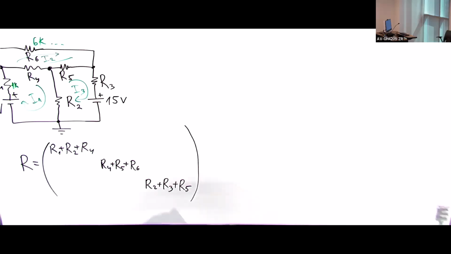How about element 2,1, which is between these two? R4, minus R4. The same thing. How about this element, which is 3,1? R2, minus R2. Here we have minus R2. And the last one, 3,2, minus R5. Negative R5.